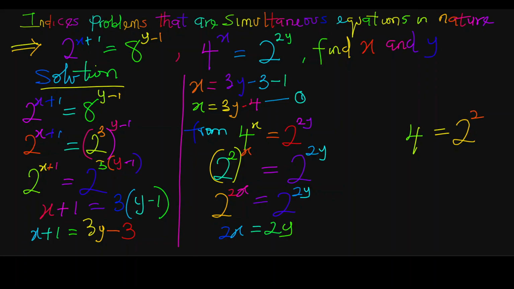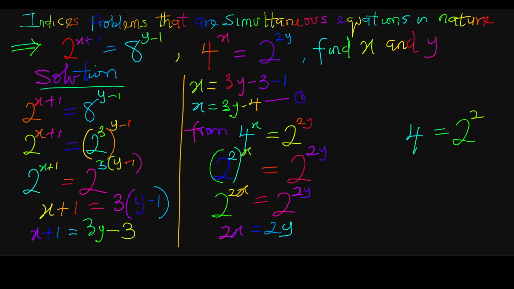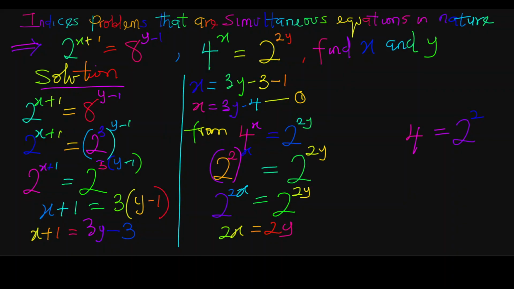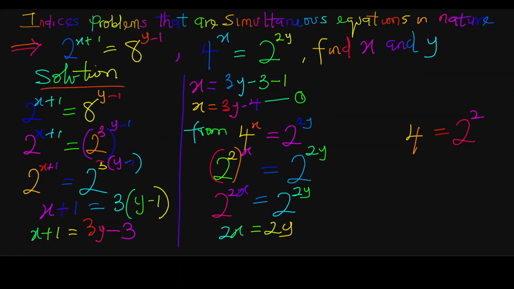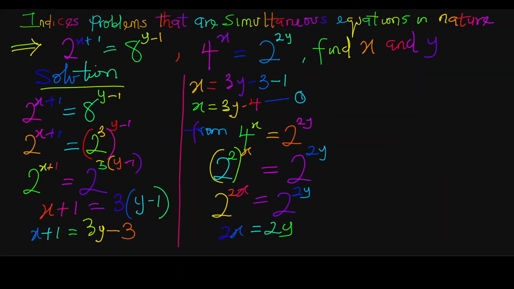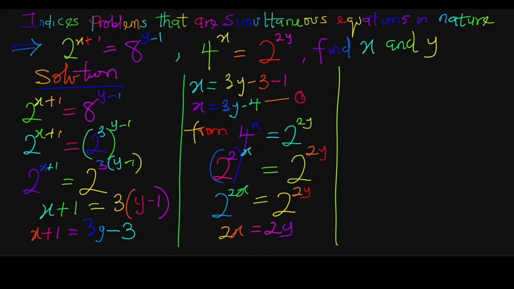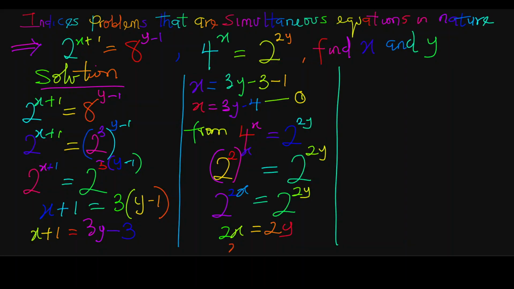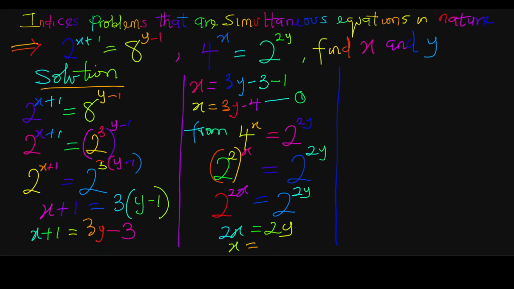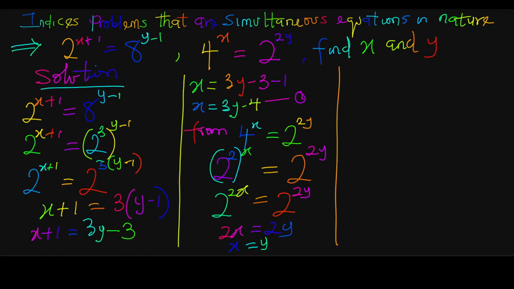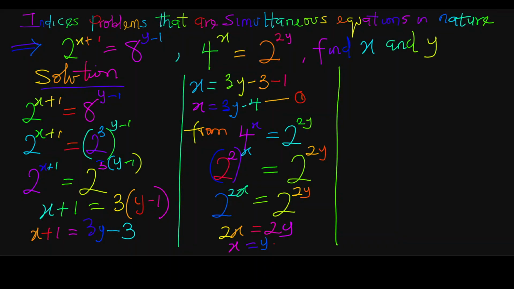And from here, when we divide both sides by 2, we discover that x is the same thing as y. Let me write it down here, x equal to y. So we know now that x is the same thing as y. Let me call this equation 2.